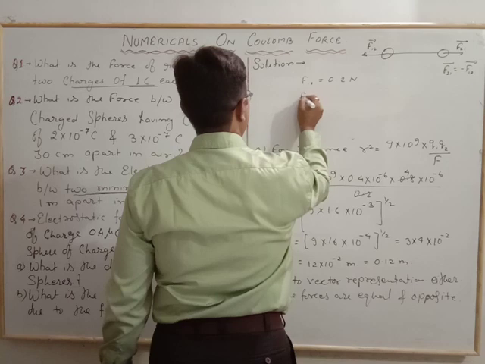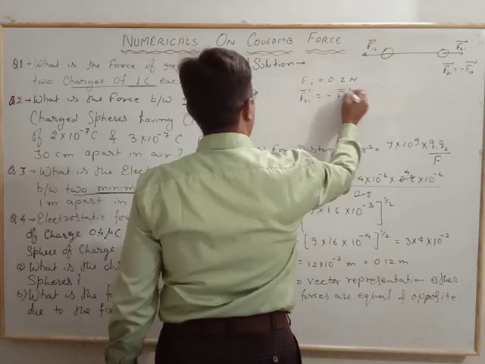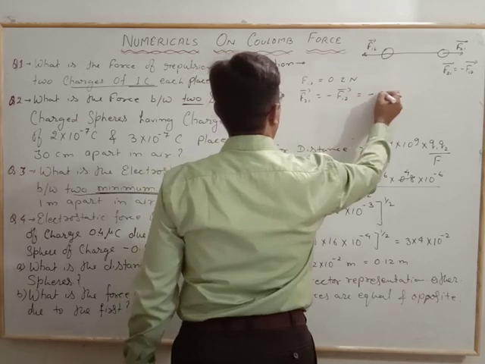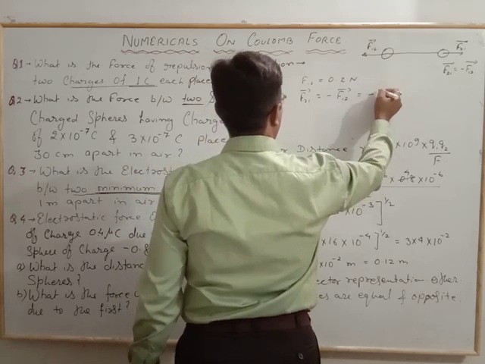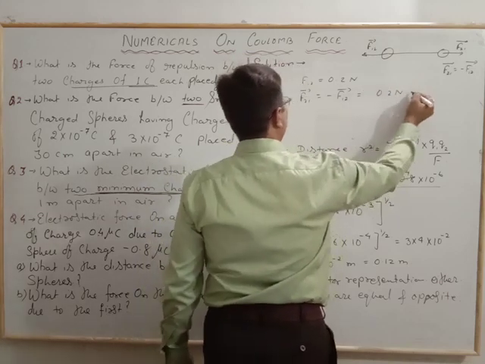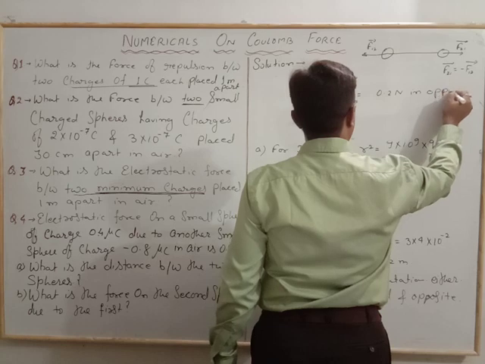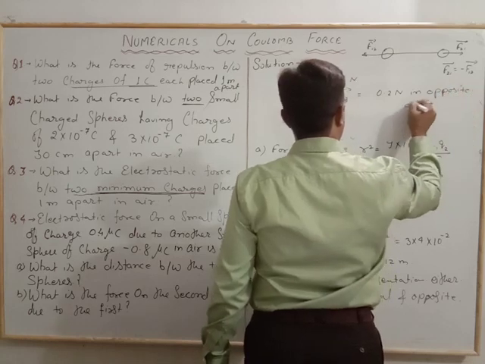Then F21 is equal to minus F12, and the minus means the opposite direction, 0.2 Newton. So we write here 0.2 Newton in the opposite direction.